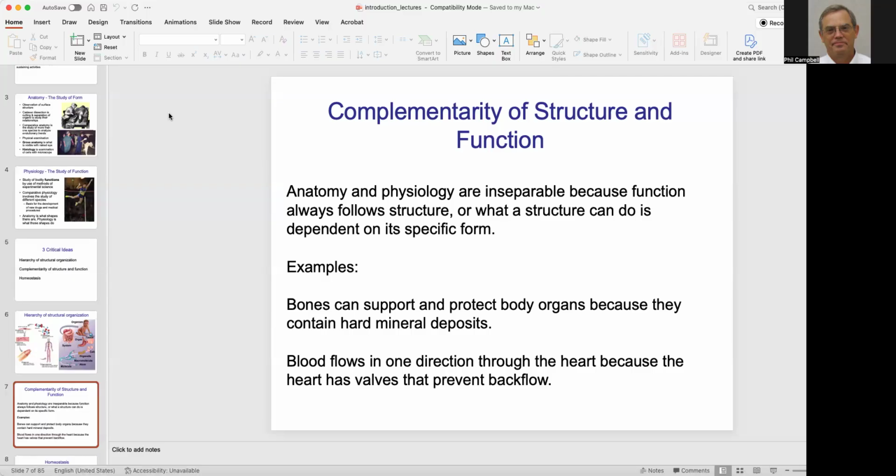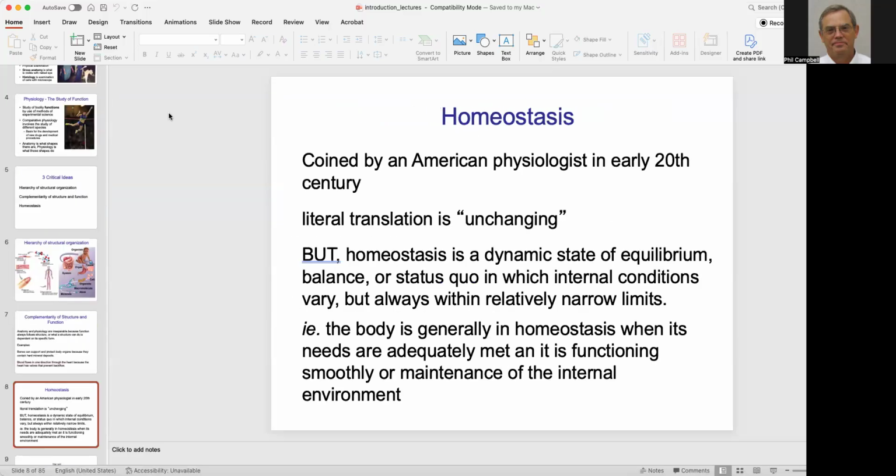So it ensures that blood is moving in a single direction, because that's the way the blood is circulating in your body. It has to circulate in a single direction, okay, in order to ensure efficient delivery. So these are examples of complementarity of structure and function.